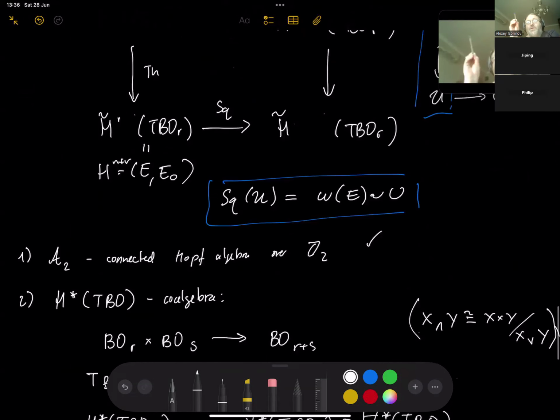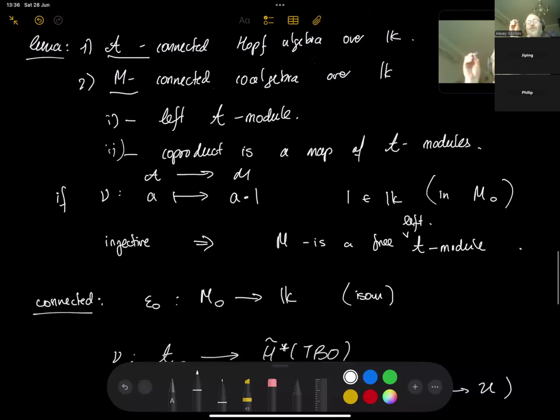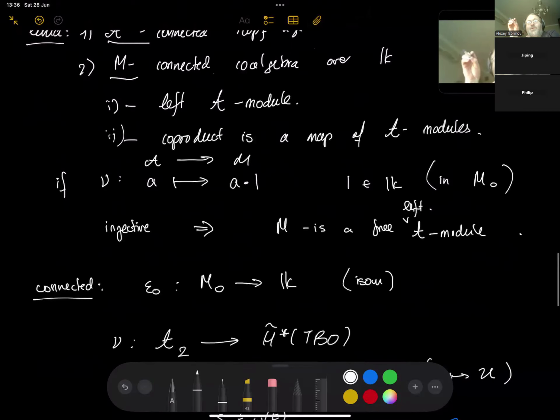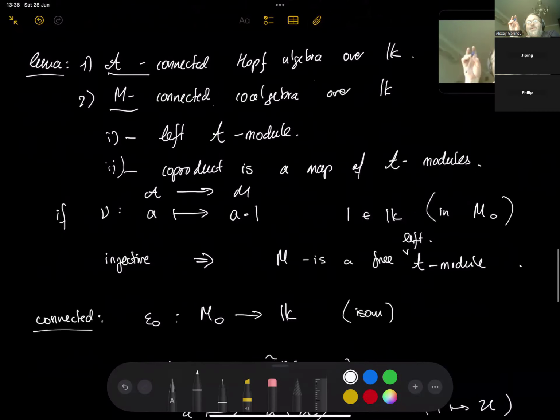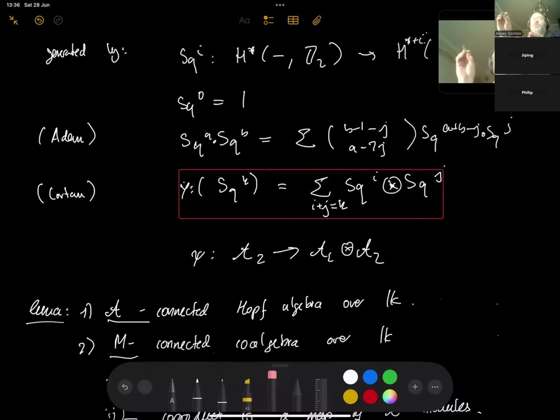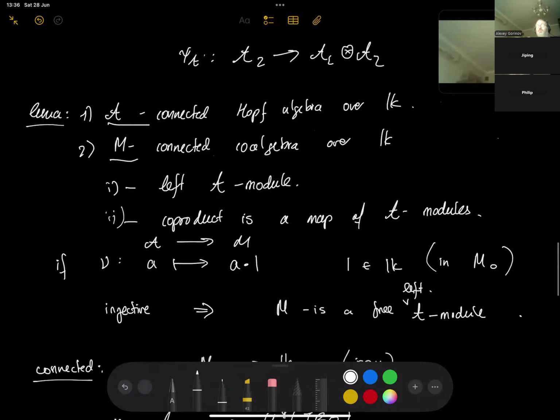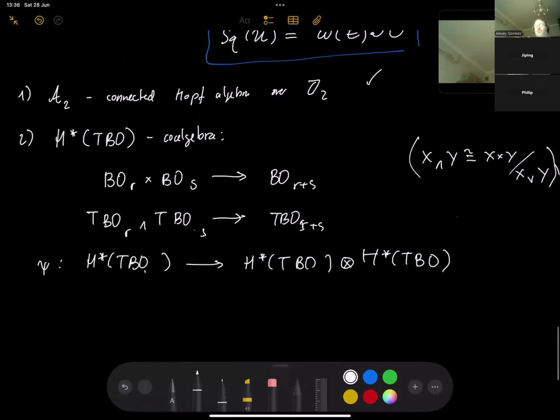Above, psi was the co-product. Here psi is the co-product for M. So maybe I should distinguish them. There are two co-products, one for M and one for A. So this is psi A, and this would be psi B.